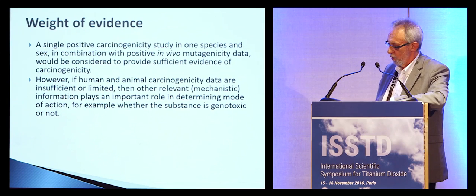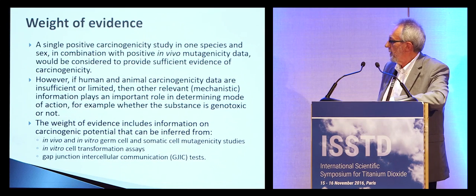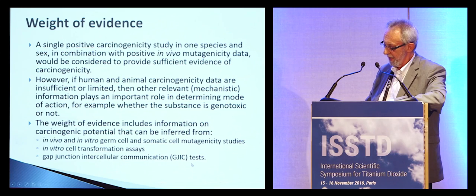For example, whether the substance is considered genotoxic or not. And this weight of evidence includes information on carcinogenic potential that can be inferred from in vivo and in vitro germ cell and somatic cell mutagenicity studies, from cell transformation assays, and from gap junction intracellular communication tests.